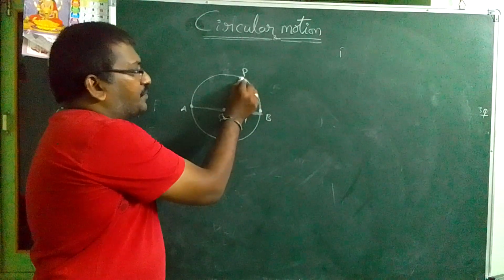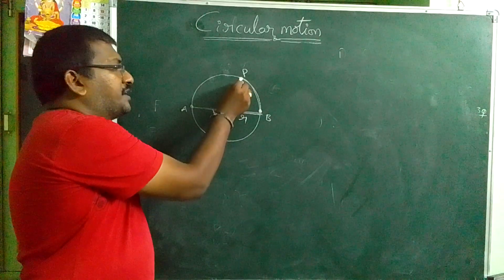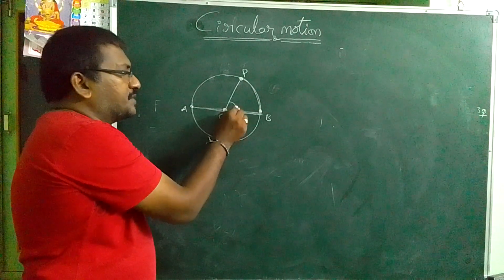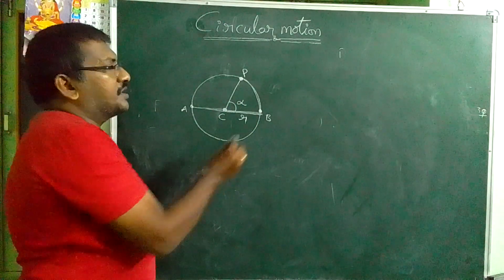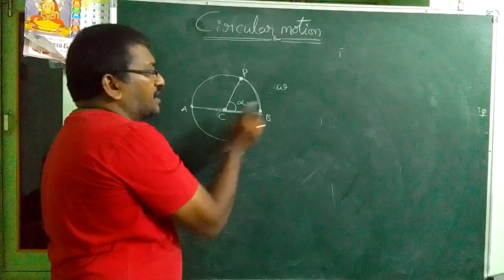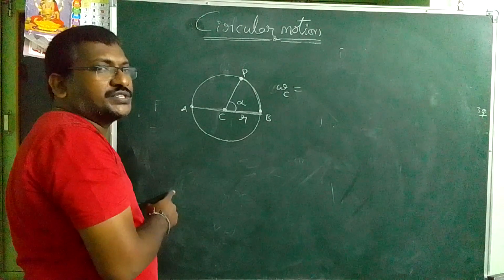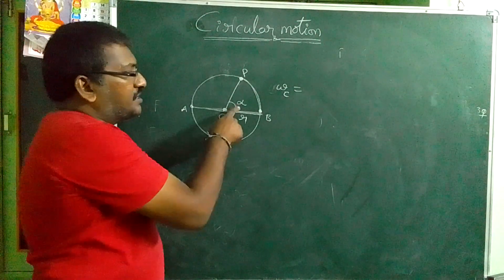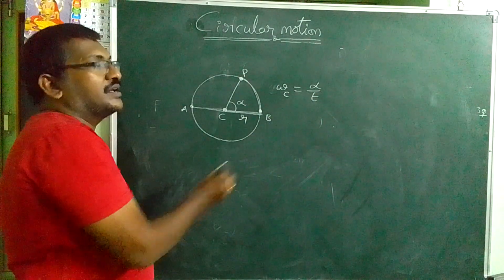So I am taking when the particle is at point P, about this C it makes some angle. The angular displacement I am taking as alpha. That means the angular velocity of the particle about C is equal to the rate of change of angular displacement, so we can write alpha by t.